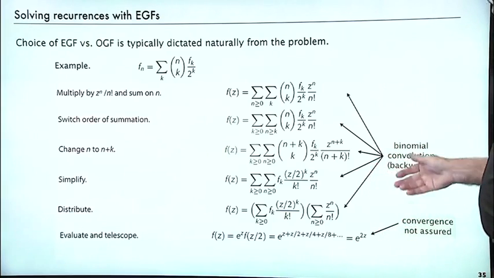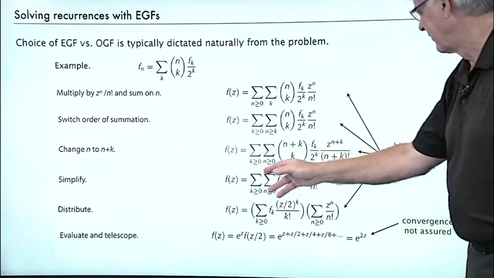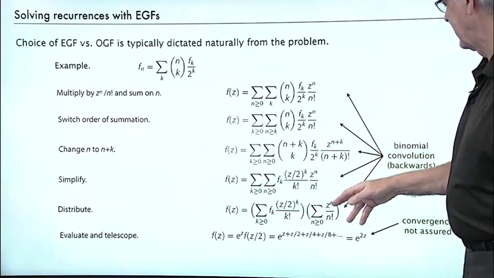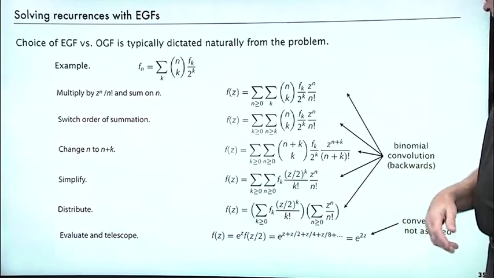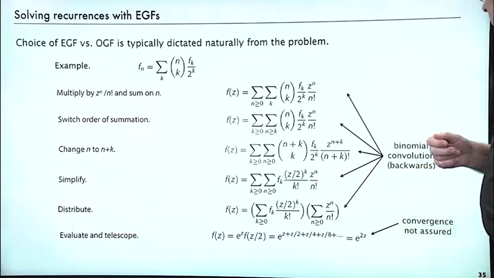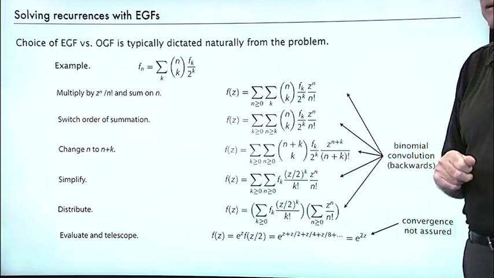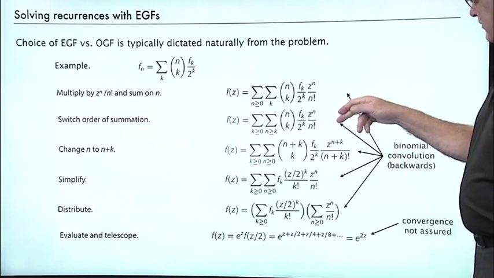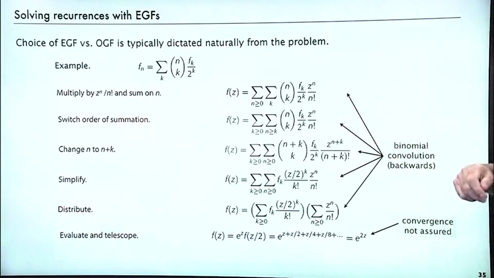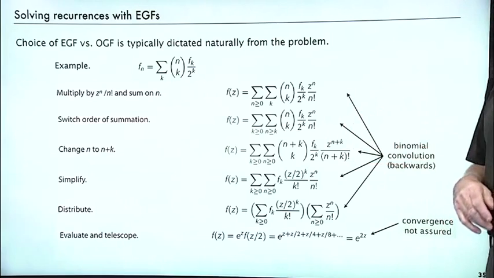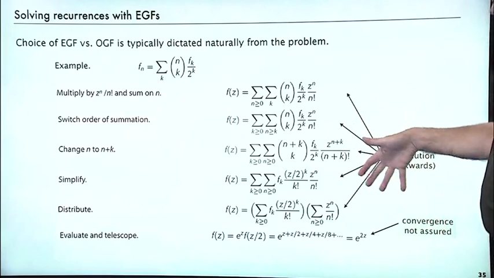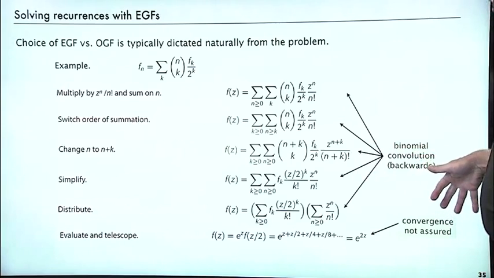And so what it says is that f of z equals e to the z, that's the sum of z to the n over n factorial, and the other one is f of z over 2. So f of z equals e to the z times f of z over 2. And that's something we can telescope. And this is a little bit formal.